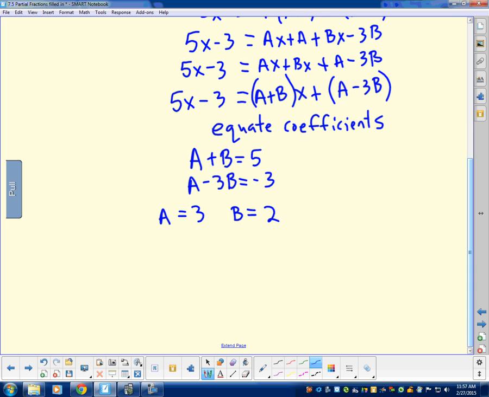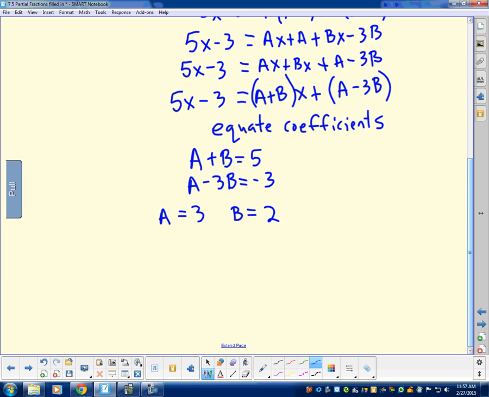A quick mental check will show that that's true. Plug them in for a and b and you get the right-hand side. But you have to go through that process, substitution or elimination. I did it the opposite way, but you're still going to have the correct number over the correct factor.